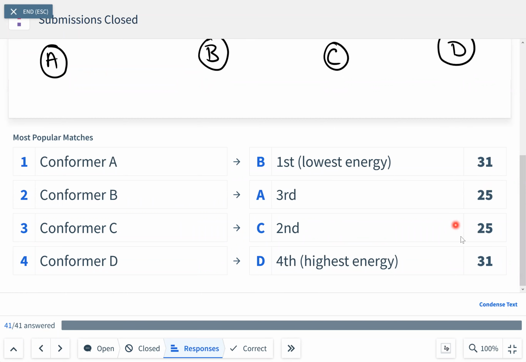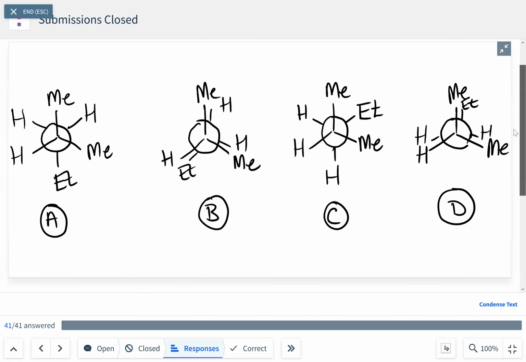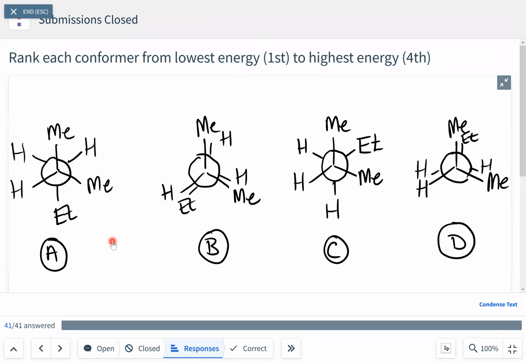Obviously, these two are mixed up a bit with regard to 31 for highest and lowest. Okay, so that is in fact going to be correct. So if we're doing analysis between A and C for the lowest energy, in A, we've got a methyl group and the ethyl group gauche to one another.